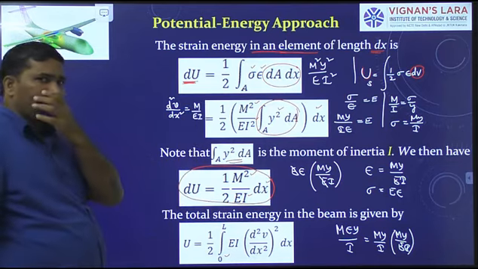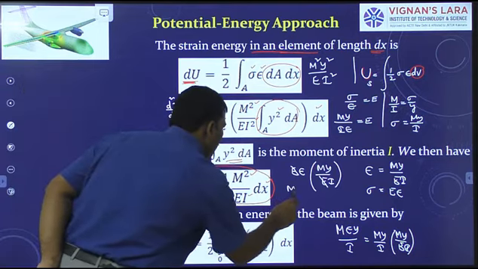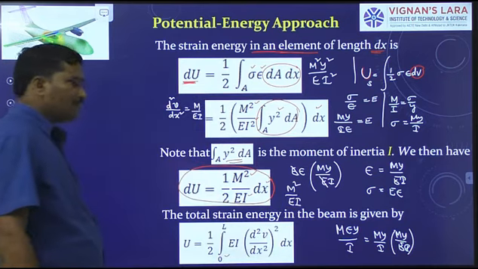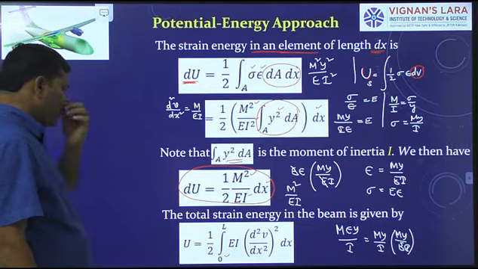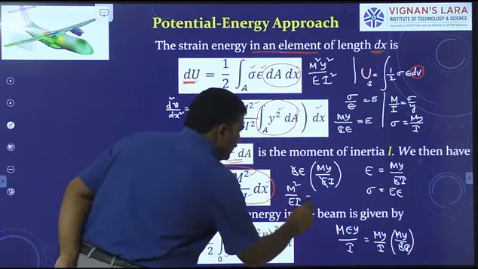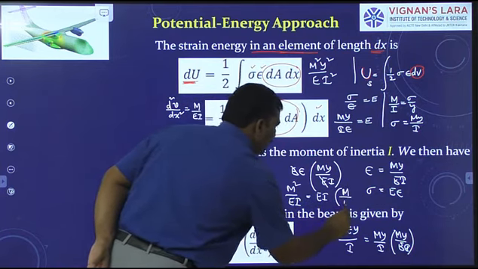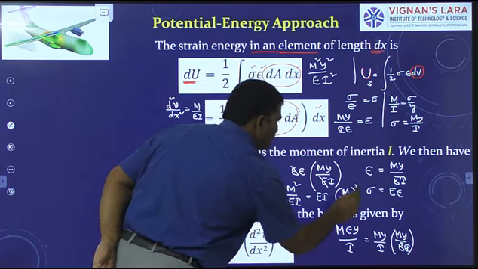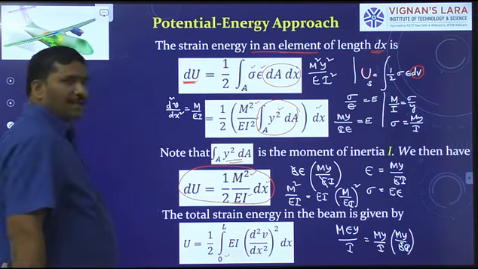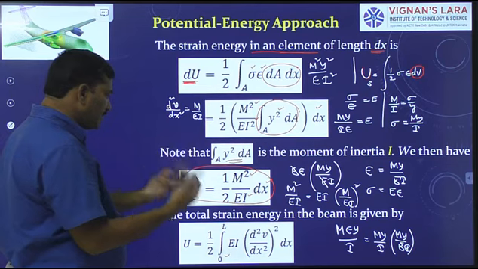We have here M square by EI. Now what I do is multiply this by EI and then divide. Then I get EI into (M by EI) whole square. What is M by EI? d square v by dx square. Therefore, (M by EI) whole square is (d square v by dx square) whole square.